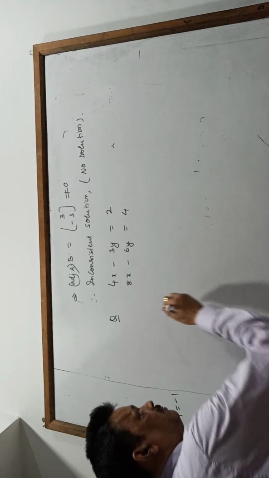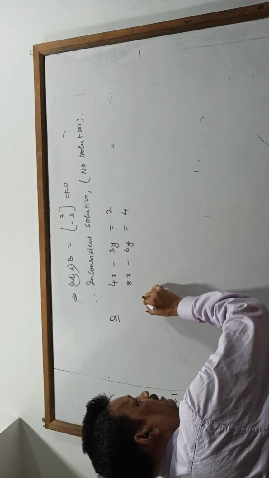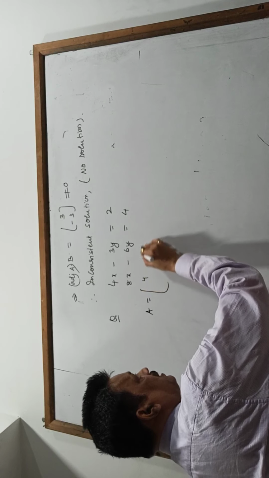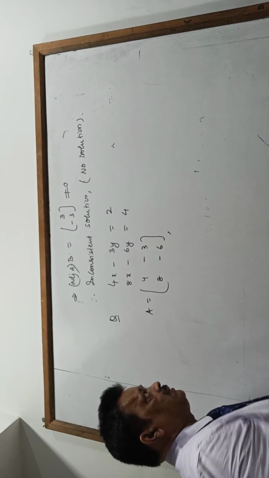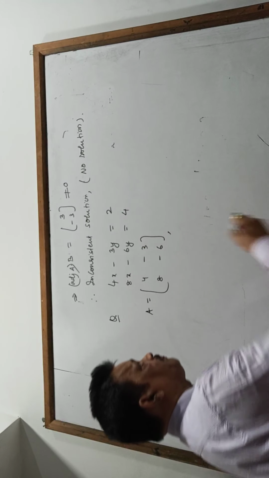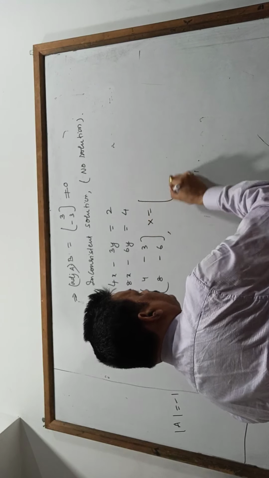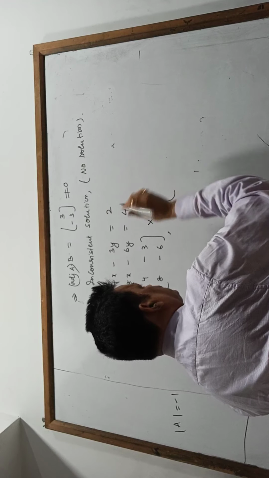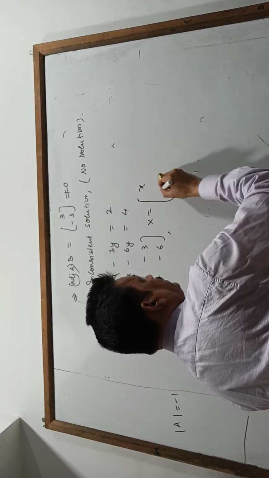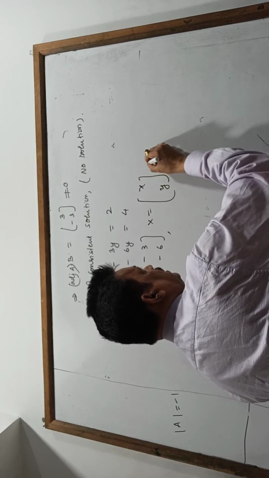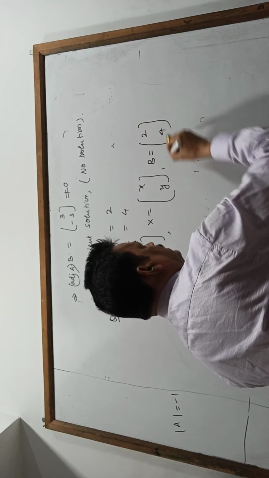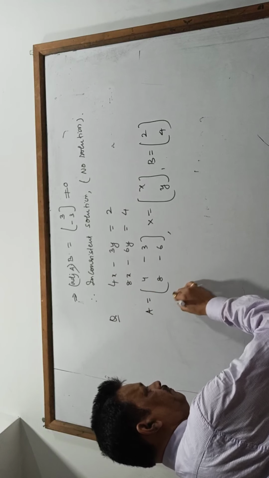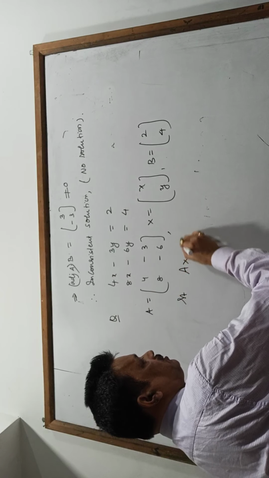So the method is the same. Let's find A as [4 -3; 8 -6]. Then X is [x, y]. What is B? Now [2, 4], such that AX equals B.